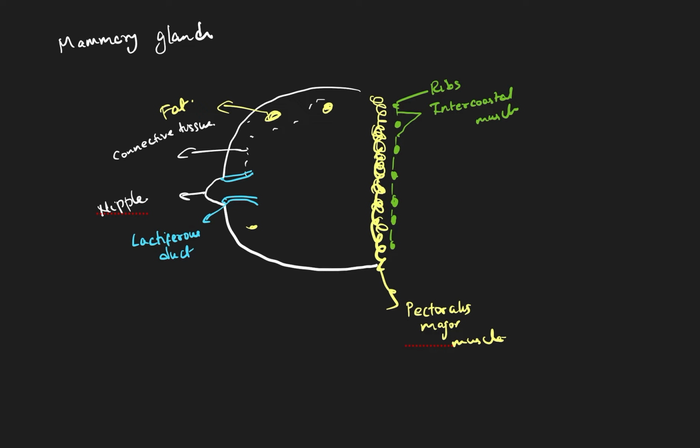And here you see the mammary ampulla. Behind this it has the mammary ampulla, and then behind it has the mammary duct. Here, these get into the body like this.